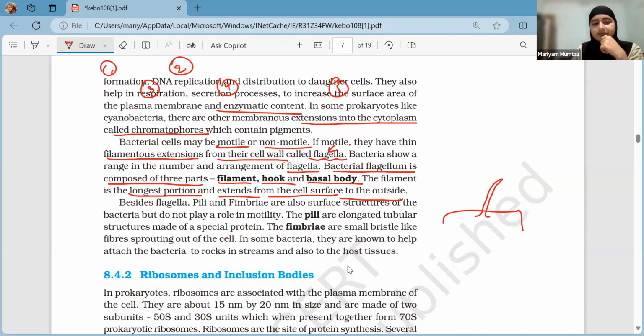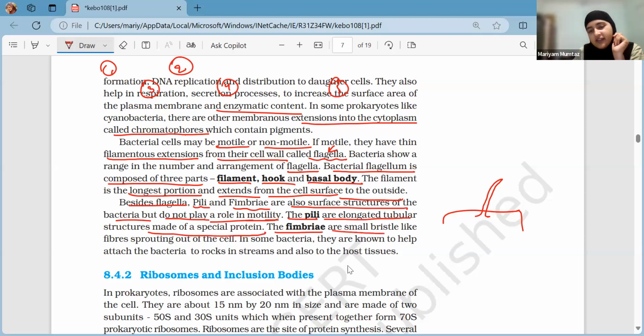Now, besides flagella, pili and fimbriae are also surface structures of bacteria, but they do not play a role in motility. No movement. Pili have another function, fimbriae have another function, but none of them are involved in movement. The pili are elongated tubular structures made up of a special protein.